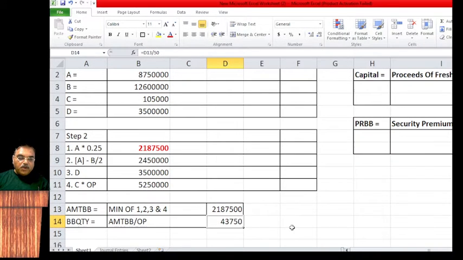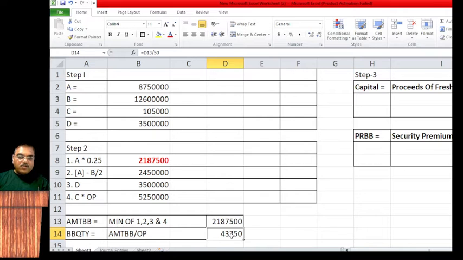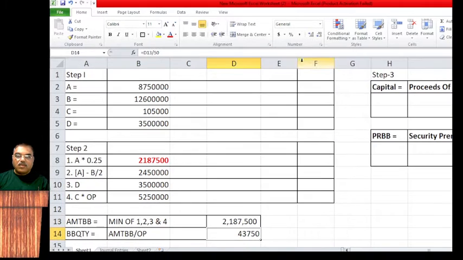The company can buy back a maximum of 43,750 equity shares. And what is the amount of buyback? Amount of buyback is nothing but this: 21,87,500.